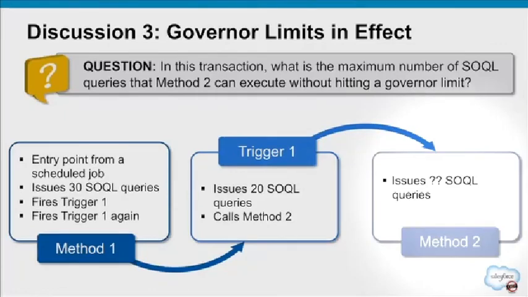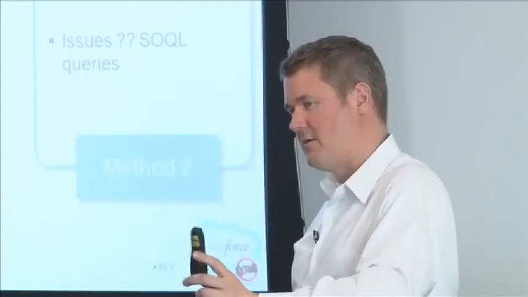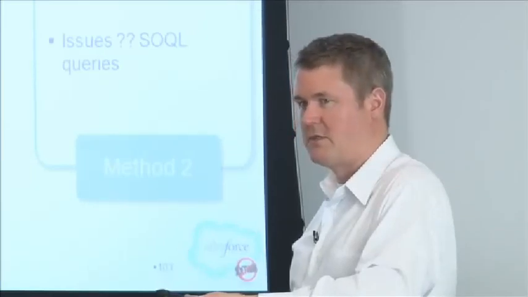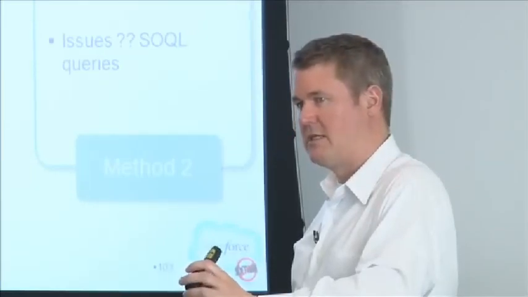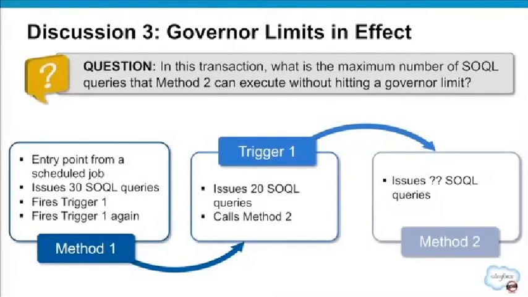So how many queries can method number 2 have? Exactly, 15. So what we do is 30 and then 20 times 2, which is going to be 70. And the key thing to understand over here is that method number 2 is going to execute twice because the trigger is going to call it twice. So 30 divided by 2, it can have up to 15 SOQL queries. Okay?